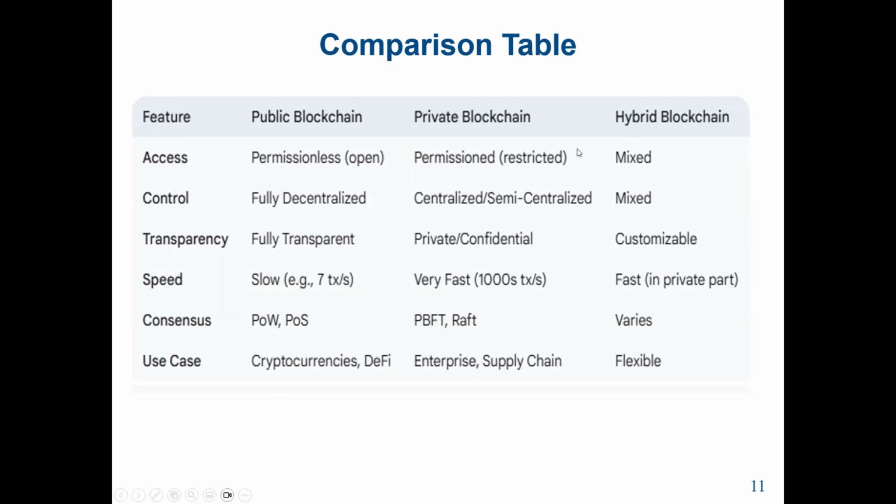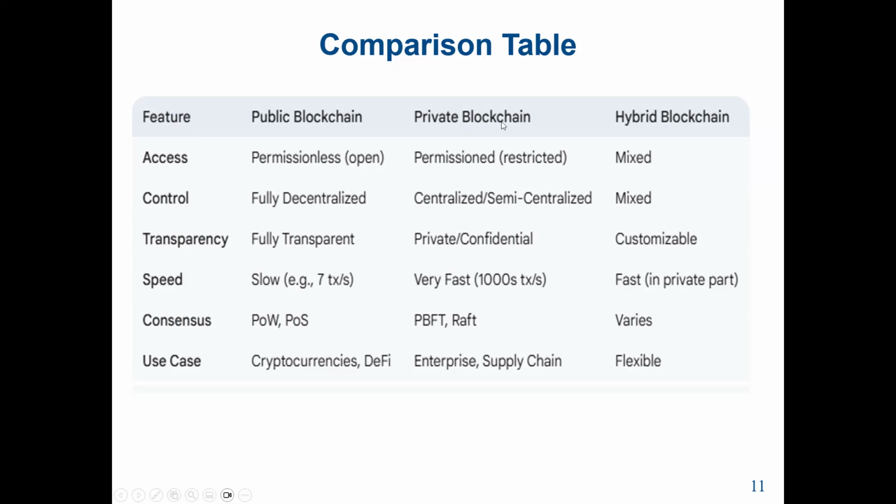So in this lecture, again, we cover the three main models of a blockchain. So we have the public, private, and hybrid. So first, let's look at one feature. In terms of access, as we mentioned earlier, public blockchain is permissionless, open for everybody, open to the public.